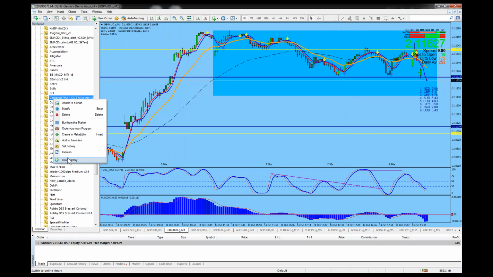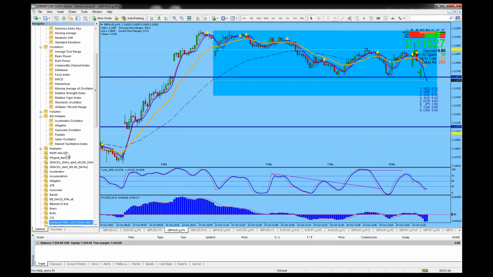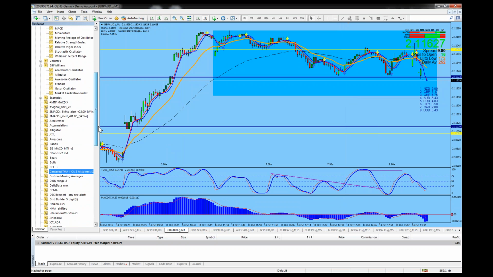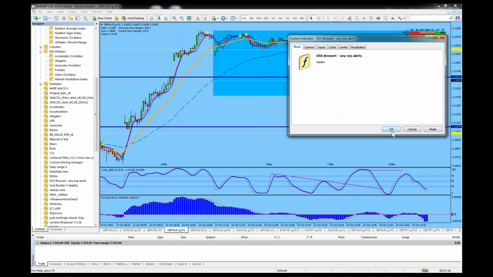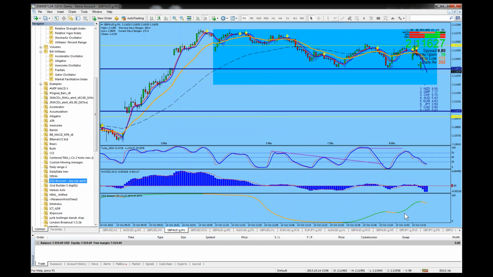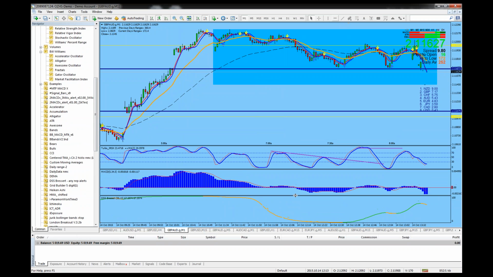Close this and refresh and come down here. I don't see it in the list. DSS Bressert. Oh, it's a D. DSS Bressert. Okay, let's get it. I'll leave it on the same chart. No repainting version. Yeah, and that would be this. So this is only the single line. All right, so that's a little bit different dynamic.